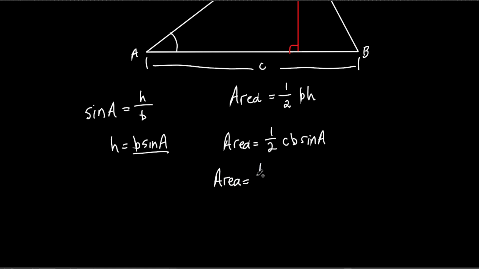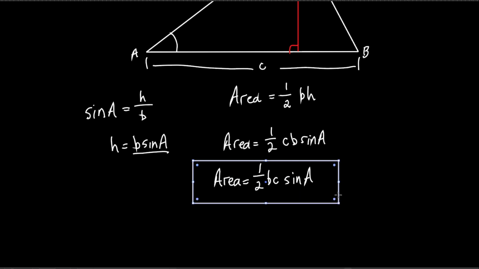I would. It just looks a lot prettier that way. So I'm going to go BC and then sine of angle A. That right there is super important, so I'm going to put a box around it. That's how we can find the area of a triangle if I don't know the height.